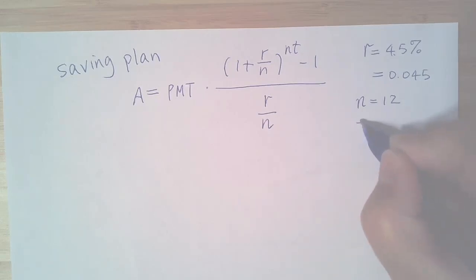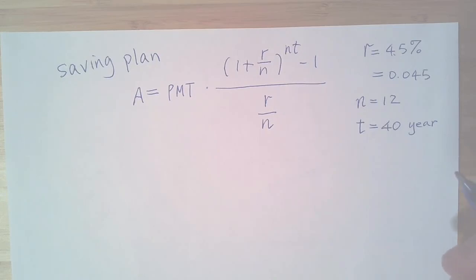And then T, as I said, let's say you're 22 years old. You want to save the money till when you are 62. That would be 40 years. That's the time that you're going to retire.